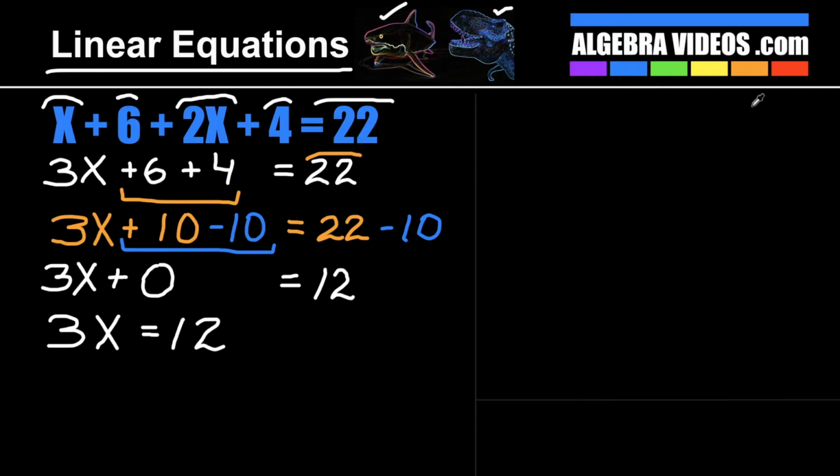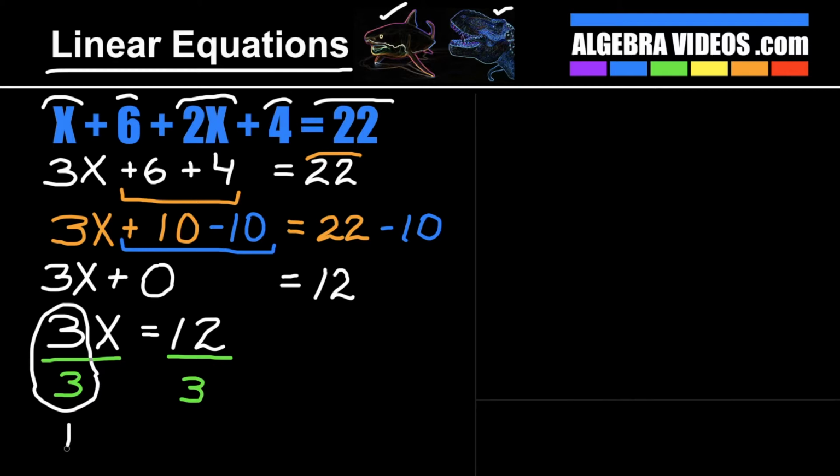We're trying to get that x by itself, right? That's always our goal. And the only thing left to get rid of now is this 3. So the way I'm going to do that is I'm going to divide both sides by 3. Once again, I'm making use of that rule in math that says you can do anything you want to either side of the equation as long as you do the same thing to both sides of the equation. This 3 divided by 3 cancels out. This term right here, 3 divided by 3, or anything divided by itself, is 1.